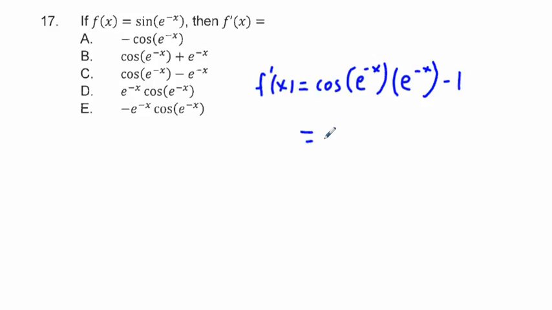So we're going to get negative cosine of e to the negative x times e to the negative x. And I think that's going to be looking like answer choice E. Yes, it is.